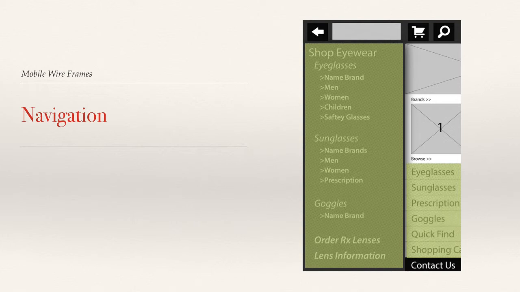The home page navigation is split up between eyeglasses, sunglasses, prescription, goggles, quick find, and shopping cart. You can get to either of those categories by clicking on the main navigation or on the left-hand navigation. The reason I added the left-hand navigation is so somebody can quickly go in and get a bit more detailed search or browse rather than just clicking on a general category.